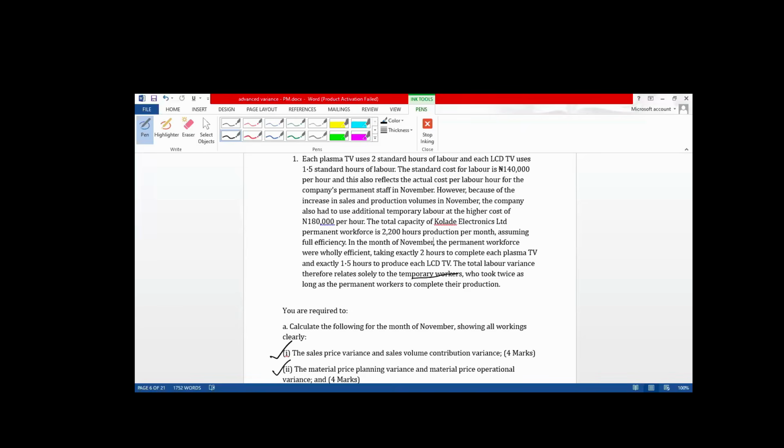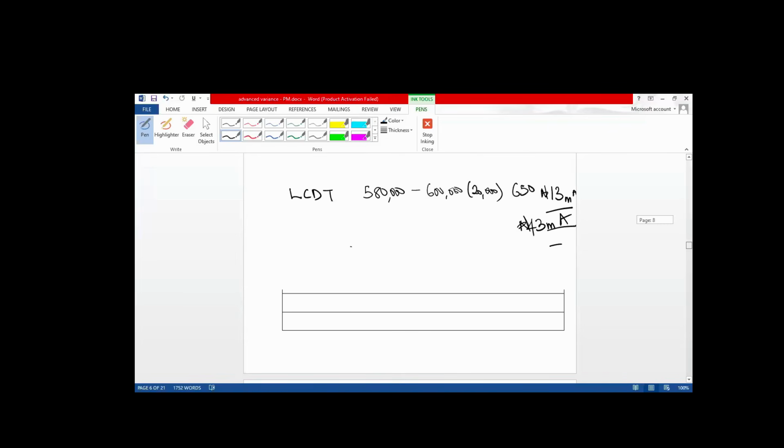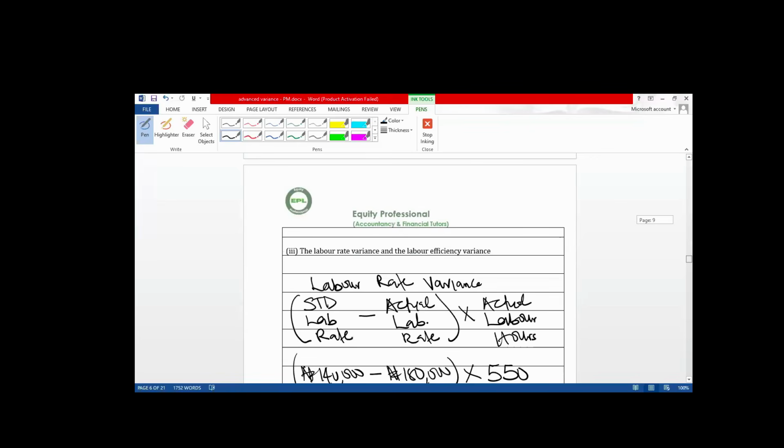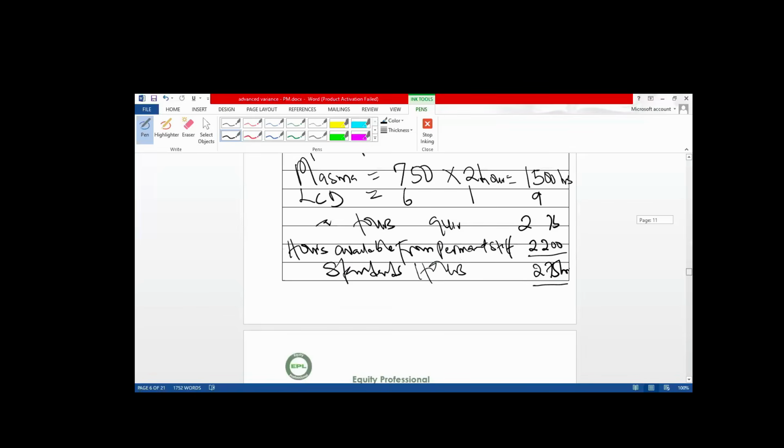But for us to meet the demand, the standard hours we require is 2,475. We are going to get 2,200 from permanent staff. That means we are left with the difference, 275 standard hours, which we are going to get from temporary staff.